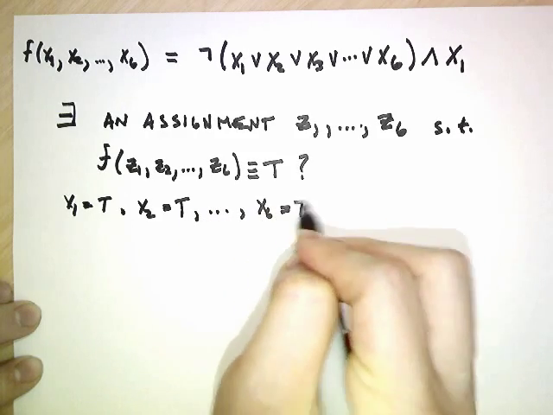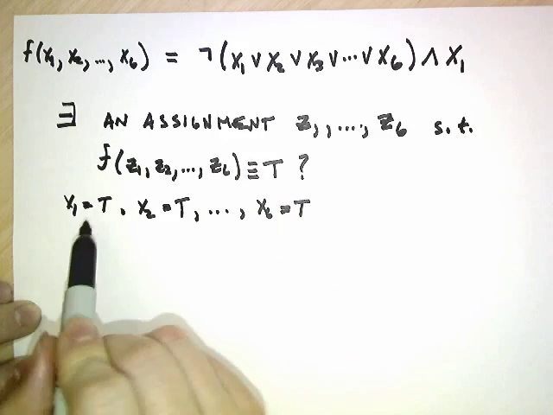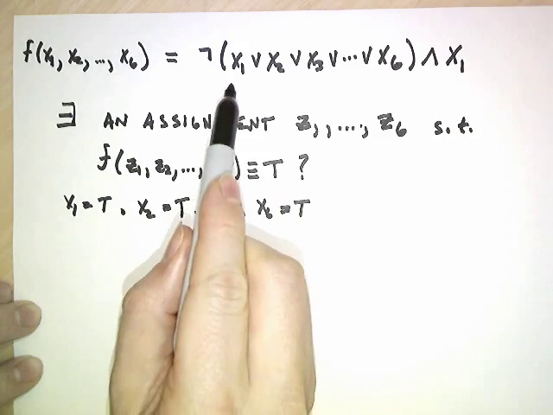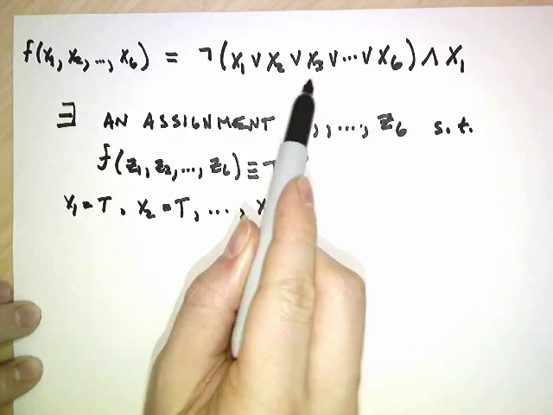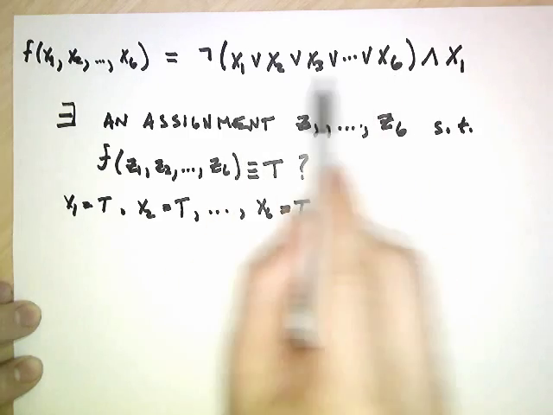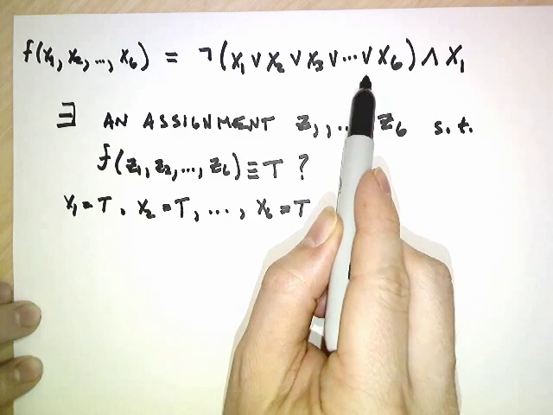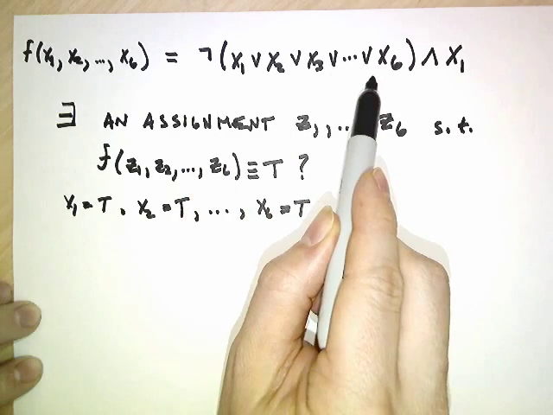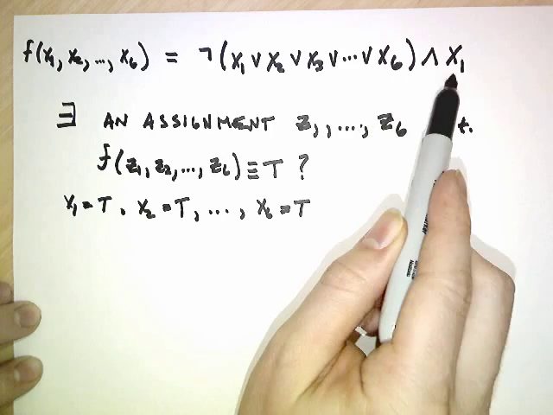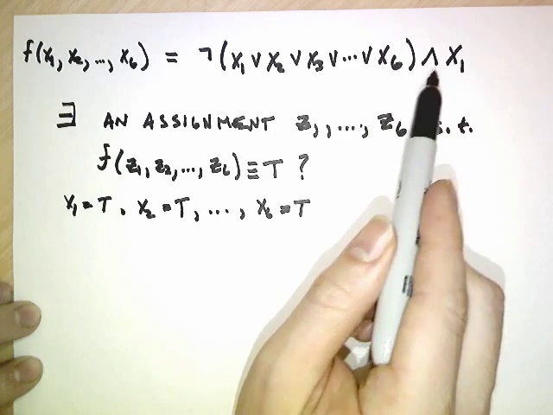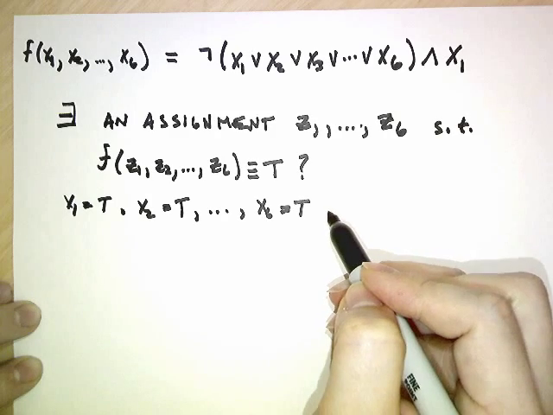Let's just play around with the problem. If we assign x1 to be true, and x2 to be true, and x3 to be true, and so on, this inner expression inside the parentheses will be true. Then we'll negate it, so we'll get false, and false and anything is going to be false. Okay, so this particular assignment does not work.